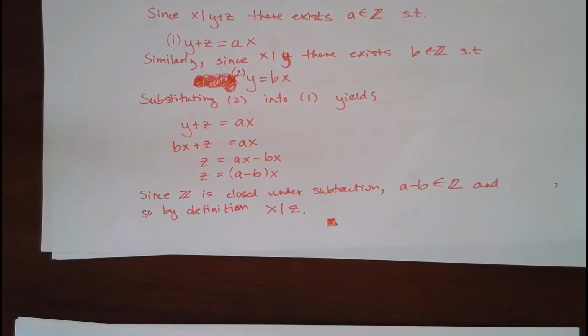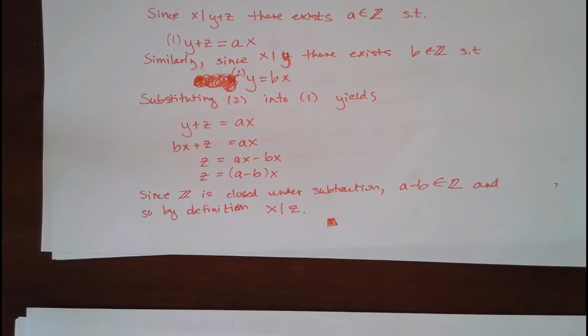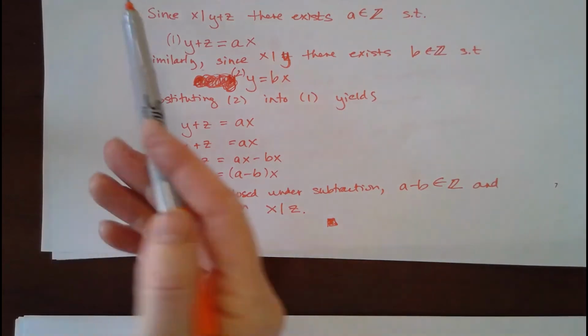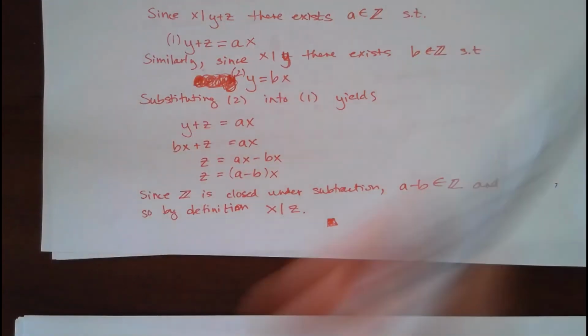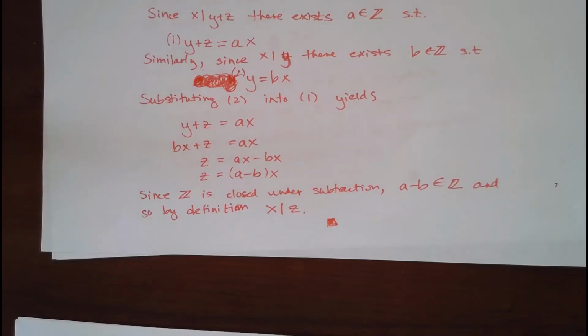If you wanted to explicitly state that, it would be fine. For instance, if later on we needed to conclude that x wasn't 0, we could say, since x divides these things, it can't be 0 because 0 doesn't divide anything. But we don't need to specifically state it. But good observation.